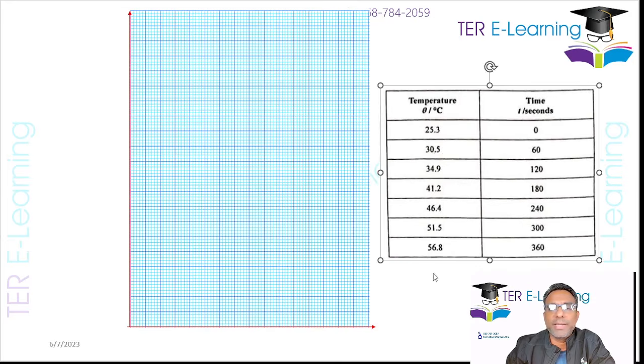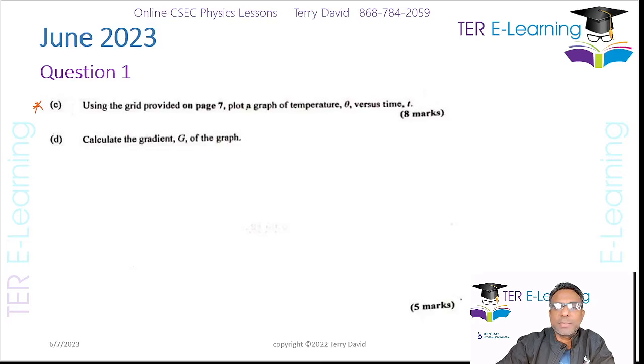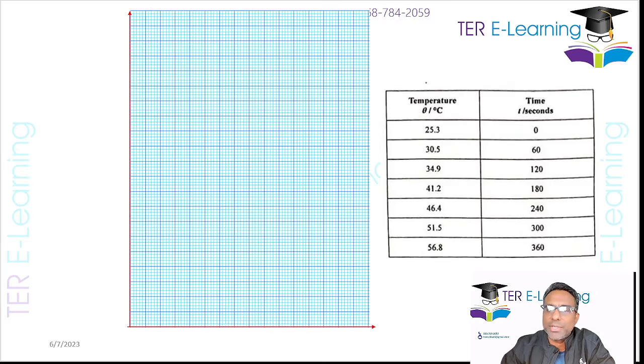All right, so this is my data here, right? Let's see what graph they asked to plot. Okay, so they told us temperature versus time. So always remember the first variable is going to be your y variable, and time here is going to be your x variable, right? So beforehand, you should know what you're going to plot. So y is temperature. So this is y here, and this is x, right?